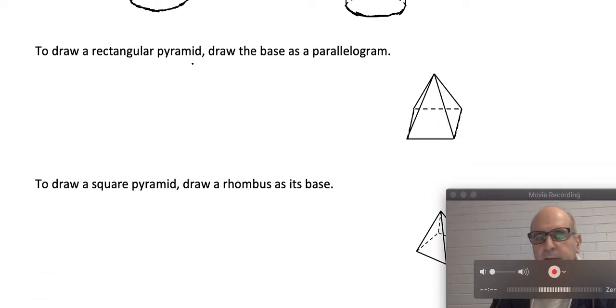To draw a rectangular pyramid. So this is a rectangular pyramid. To draw it, what you need to do, draw the base as a parallelogram. So this is the base, draw as a parallelogram. Then once you draw a parallelogram as the base, find its center, like this is its center.